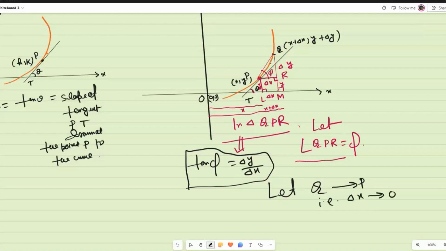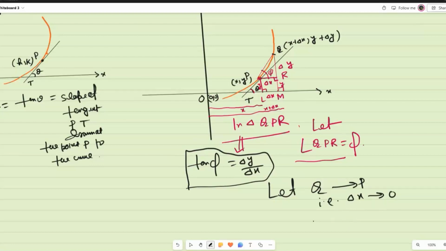There is no x coordinate difference there. If this one comes here, you will ask why not the y coordinate also tending to 0? Definitely, but y depends on x. So if delta x is very small, delta y is also very small. So let Q tend to P, that is, delta x tending to 0.